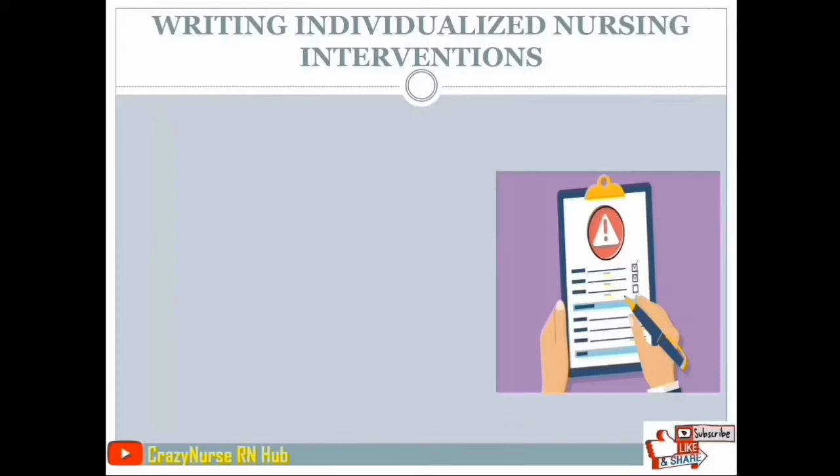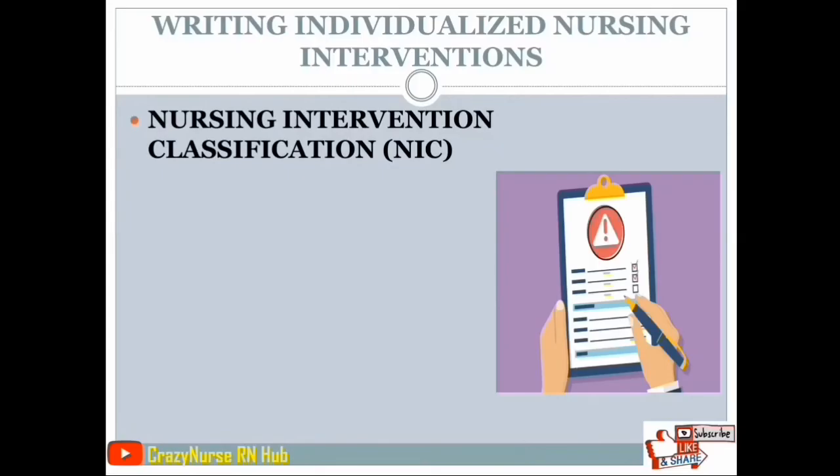In addition to the efforts of NANDA to standardize the language for describing problems that require nursing care and to create a taxonomy of standardized client outcome labels, nurse researchers also recognized the need for standardized language to describe the interventions the nurse performs. A taxonomy of nursing interventions, referred to as the Nursing Intervention Classification or NIC, was established.